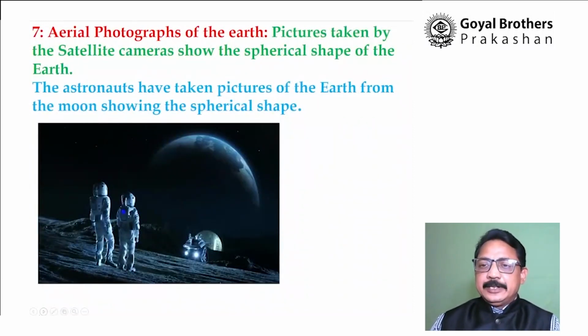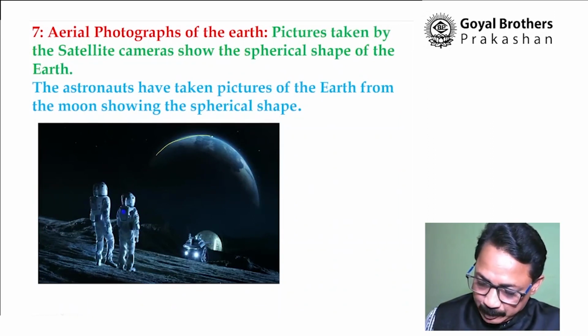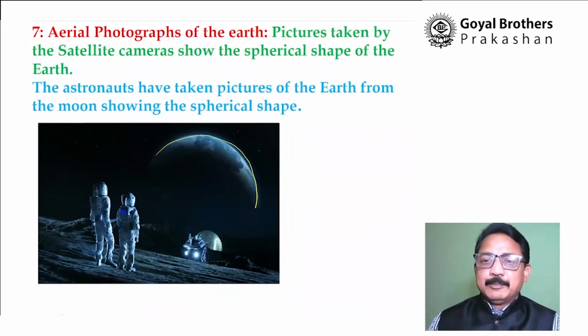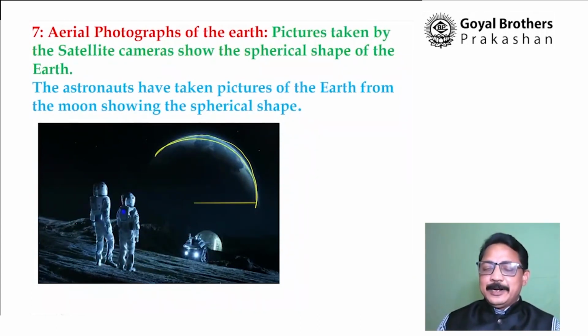This is the ultimate proof, dear student. Aerial photographs. So now you can see the photograph of the earth taken from the surface of the moon, and you can see here in the background the earth as a perfect sphere. So that is the ultimate proof that earth is spherical in shape.